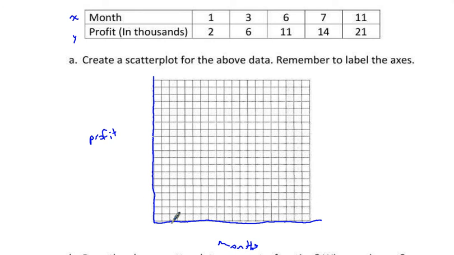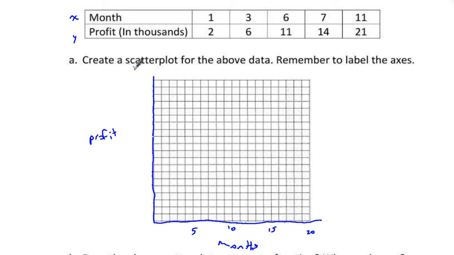So 1, 2, 3, 4, 5 months, 10 months, 15 months, and 20 months. And then on the profit side, we need to get up to 21,000.